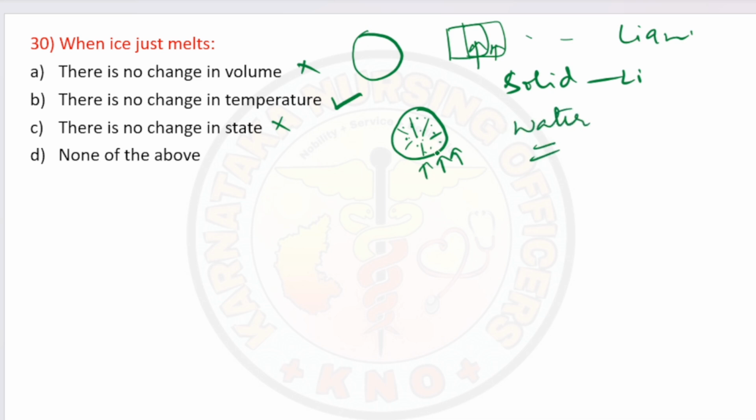The heat supplied to the cube is just to break up the molecules into water.